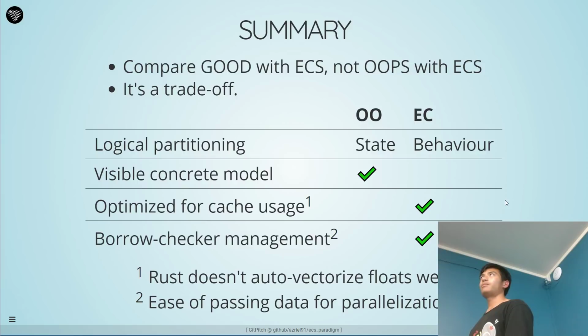I think Unity has that kind of thing with their C# compiler. So you can get cache-optimized code, like native code, if you have a really good compiler. Rust does auto-vectorize, but I heard from someone that it doesn't do it so well for floats.